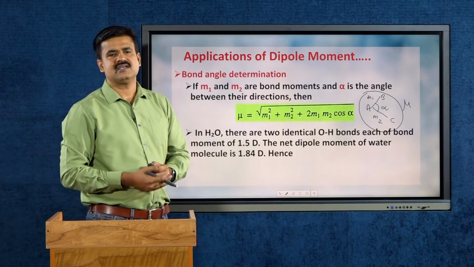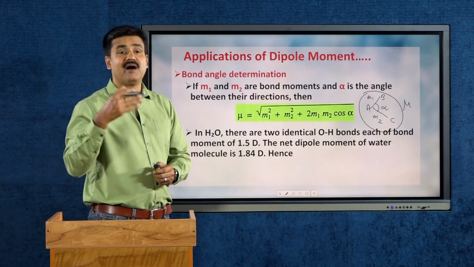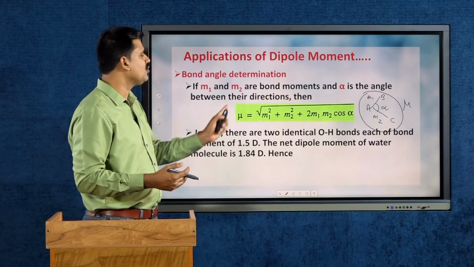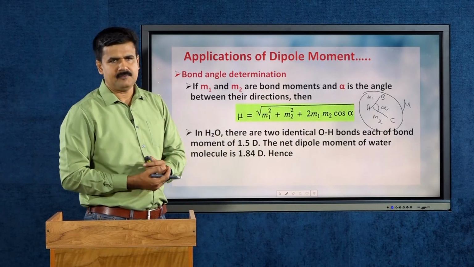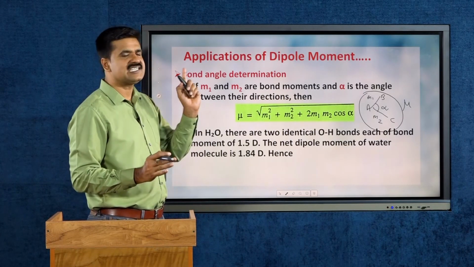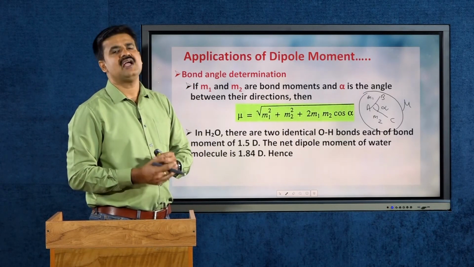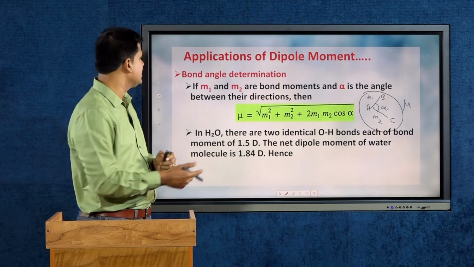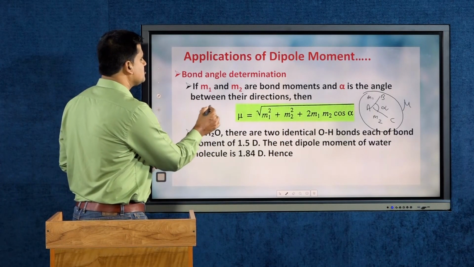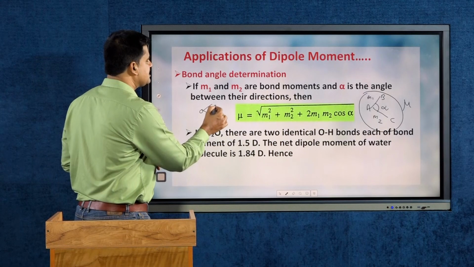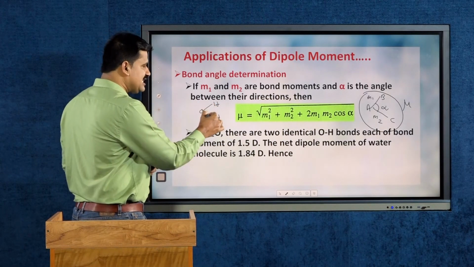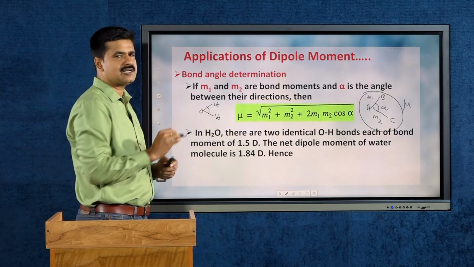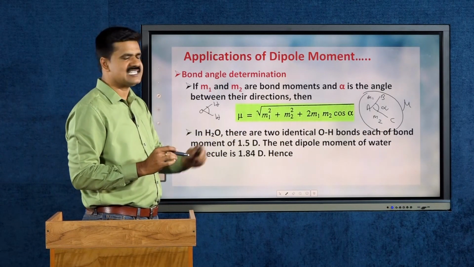This concept we can illustrate by taking the H2O molecule as an example. In the water molecule, there is one central oxygen atom and two peripheral hydrogen atoms, and the water molecule assumes a bent shape like this. It is possible to determine the bond angle in the water molecule with the help of this expression.